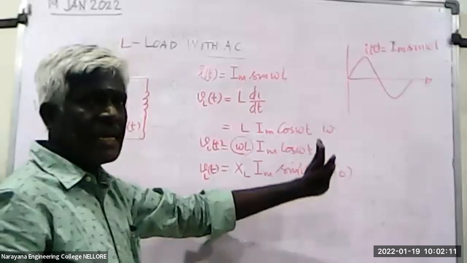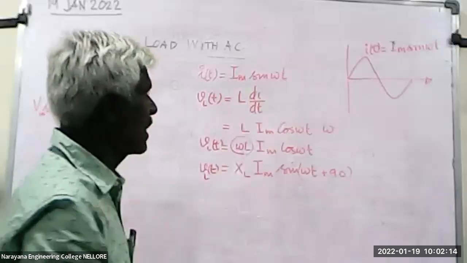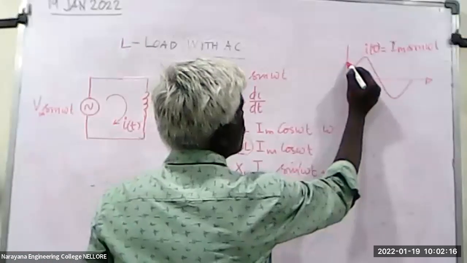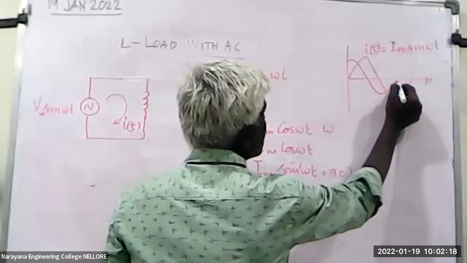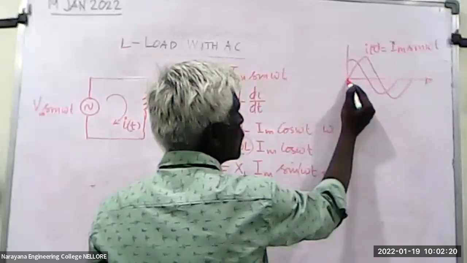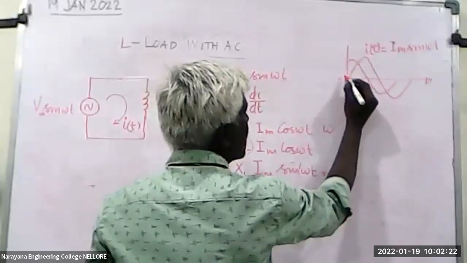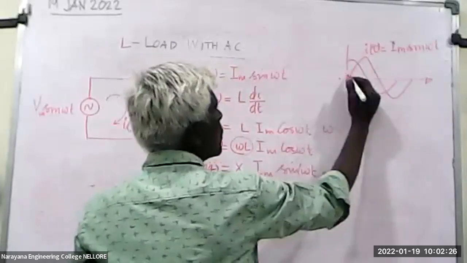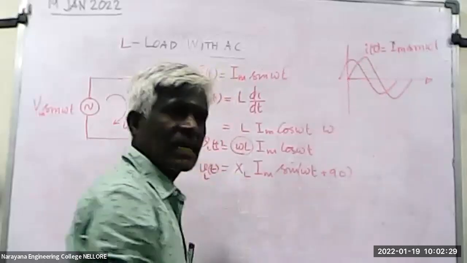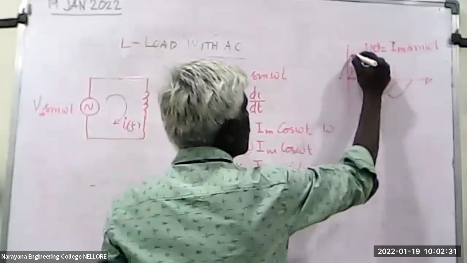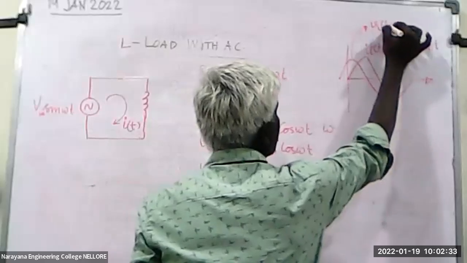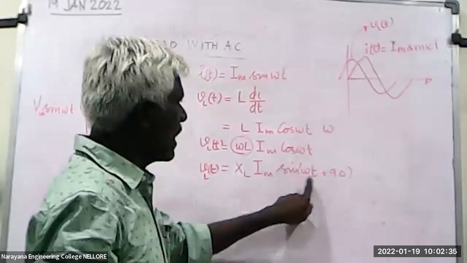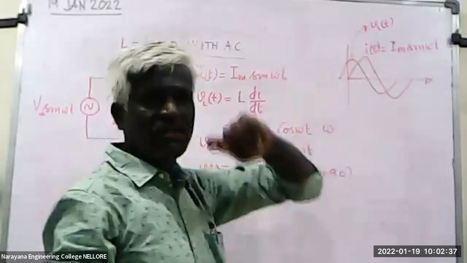Cos will be 90 degrees ahead of sine. I draw the cosine waveform here like this. I shift the waveform 90 degrees ahead, so that I get like this. So what is this one? This is my voltage VL of t. Why? Because I added 90 with that, it becomes a cosine wave.